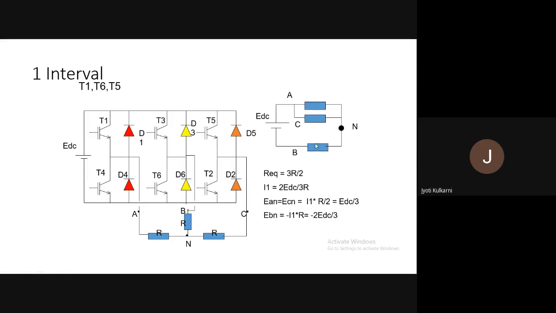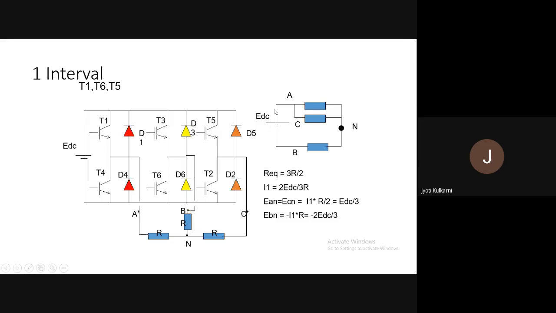As we are measuring the voltage with respect to neutral, these voltages VAN, VCN and VBN are called phase voltages, because we are measuring these voltages with respect to neutral. So these are my phase voltages. To know these phase voltages, I need to know the current flowing through each branch, because voltage is equal to I into R. So how will I find out the current flowing through each branch?